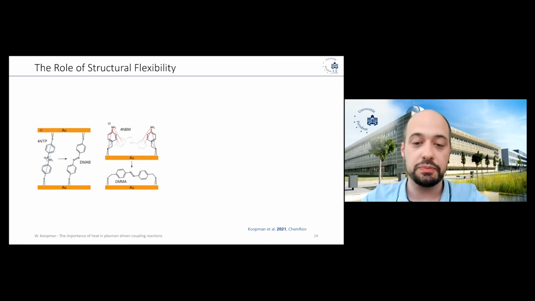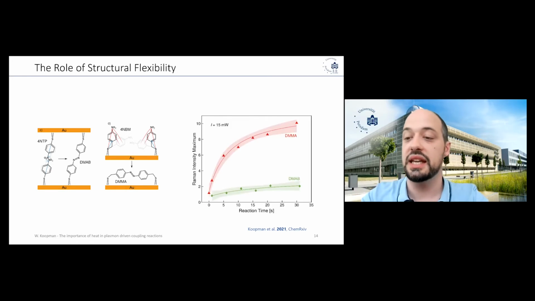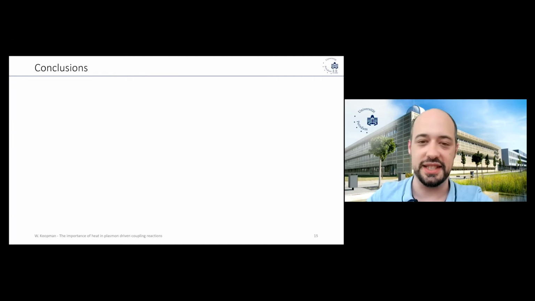So if we're right, the reaction of this second molecule should be much faster, and that's indeed what we observe. The formation of this DMMA molecule is a lot faster than the formation of this DMAB molecule. Of course, we did a lot more experiments here to confirm there's not another way, and we did some DFT calculations and so on, but in the interest of time, I didn't include it here.